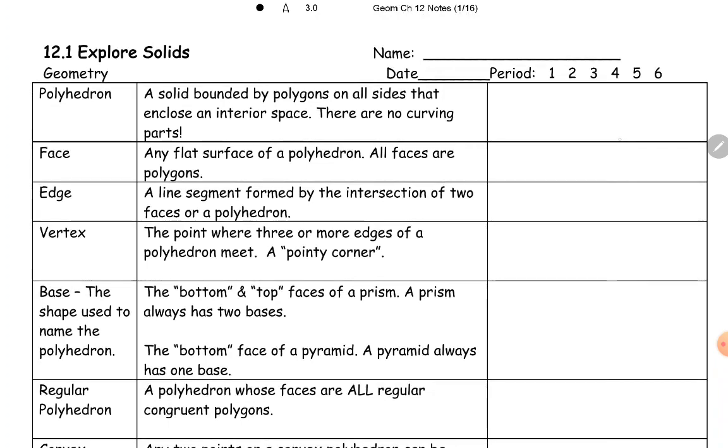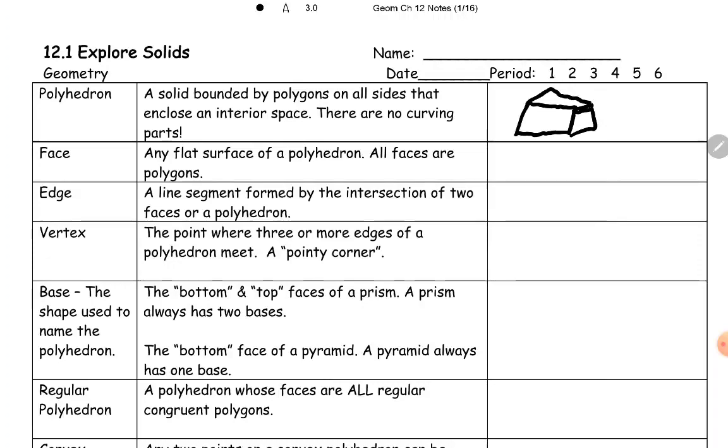A polyhedron is a solid bounded by polygons on all sides. Sorry if my picture doesn't look right, but what I'm trying to do is make a box.